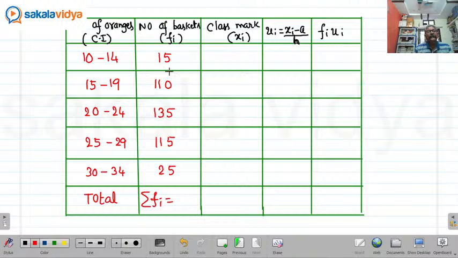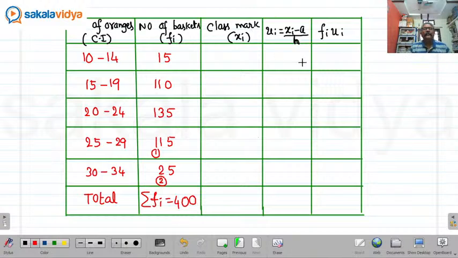Just add it. 5 plus 5, 10, 15, 20; 2 plus 2, 4, 4 plus 1, 5, 5 plus 3, 8, 8 plus 1, 9, 9 plus 1, 10; 1 plus 1, 2, 3, 4. So it is 400. Absolutely correct, Ganesh. Number of baskets, sigma fi, is equal to 400.